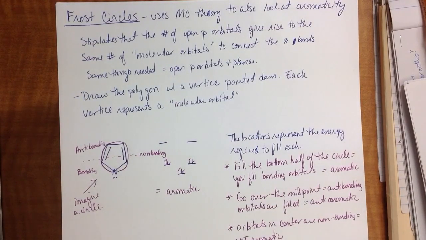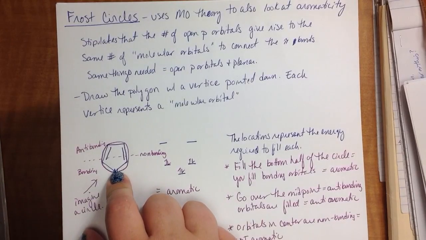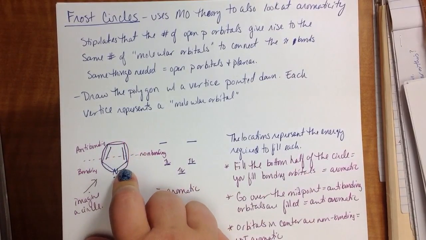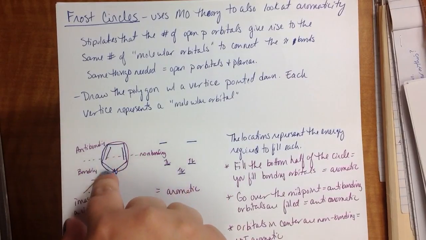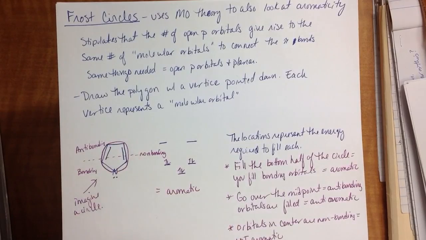Now, the Frost circle, what it's actually doing is it's trying to identify where these molecular orbital energy levels might be. And what we found, which is kind of neat, if you take your polygon and you put one of the pointy things, the vertex, downwards, then you just make that polygon like what you normally would, and if you were to take a circle on the outside, wherever that circle hits your vertices, that's an energy level of where the molecular orbitals will reside.